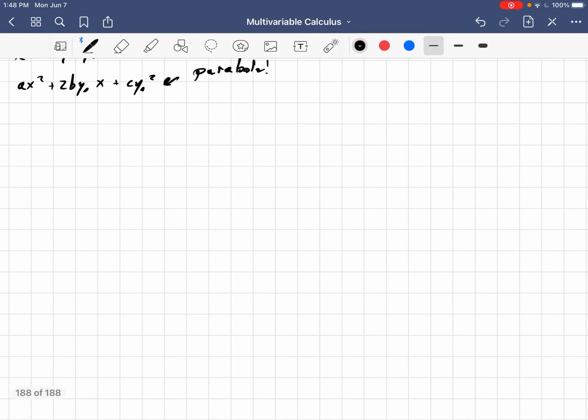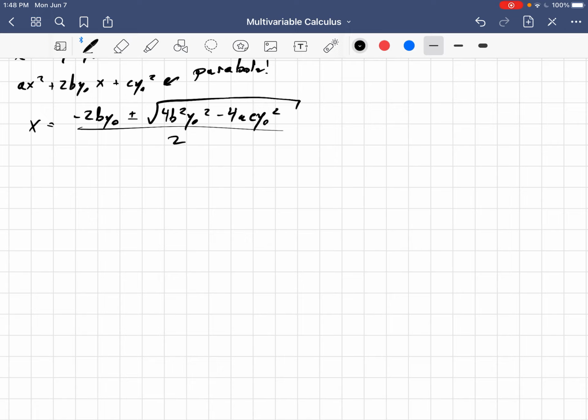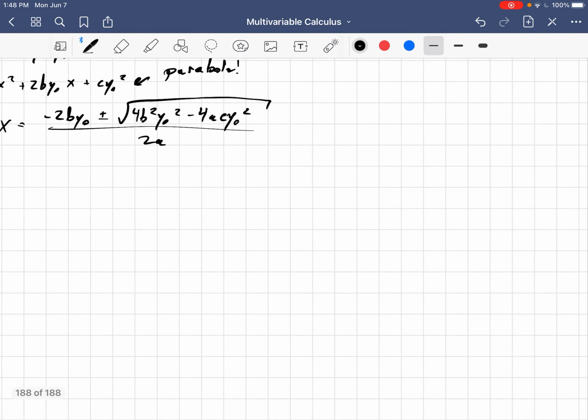And so solving for x via the quadratic formula, we get x is equal to negative 2b y naught plus or minus the square root of 4b squared y naught squared minus 4ac y naught squared, all over 2a, which simplifies to y naught times negative b plus or minus the square root of b squared minus ac, all over a.